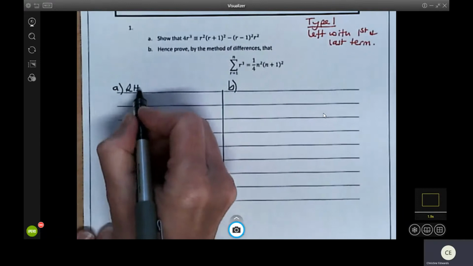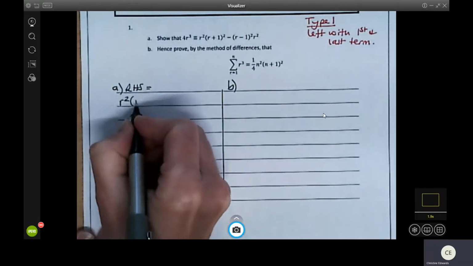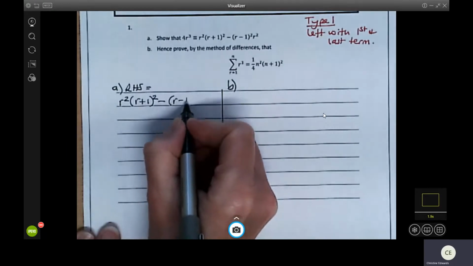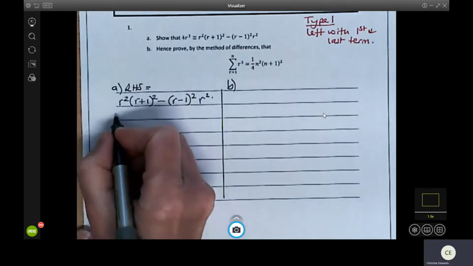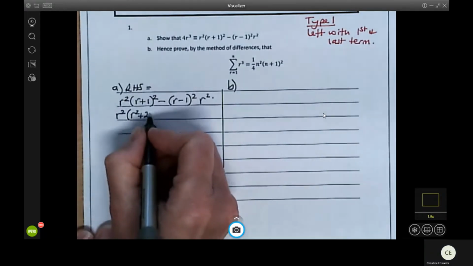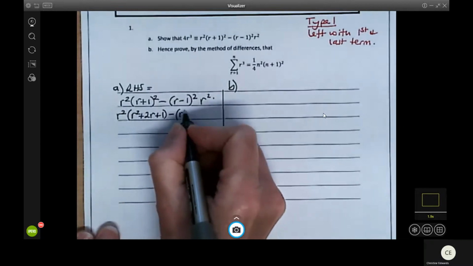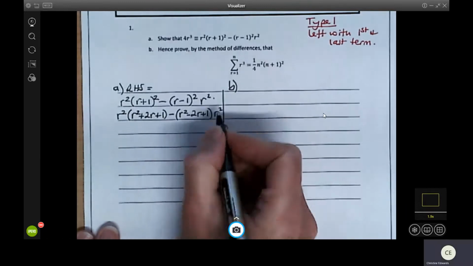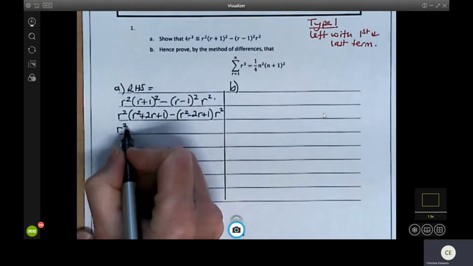So my right hand side is r squared, (r plus 1) all squared minus (r minus 1) all squared. Expanding, and then bring the r squared out the front.